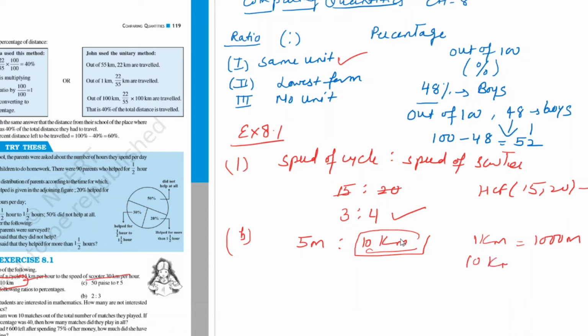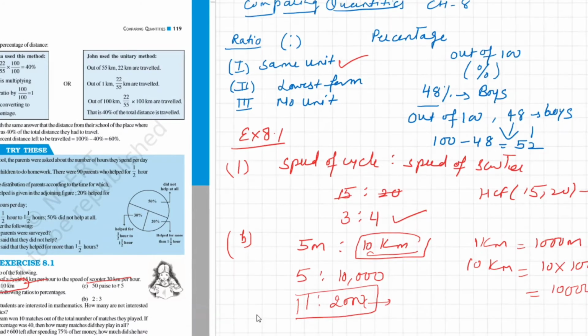So 10 kilometer is going to be 10,000 meter. So we'll take the ratio. This is 5 ratio 10,000, and this gives us 1 ratio 2000. So this is in the lowest form, and both the quantities are in the same unit as well. So this was part 2.